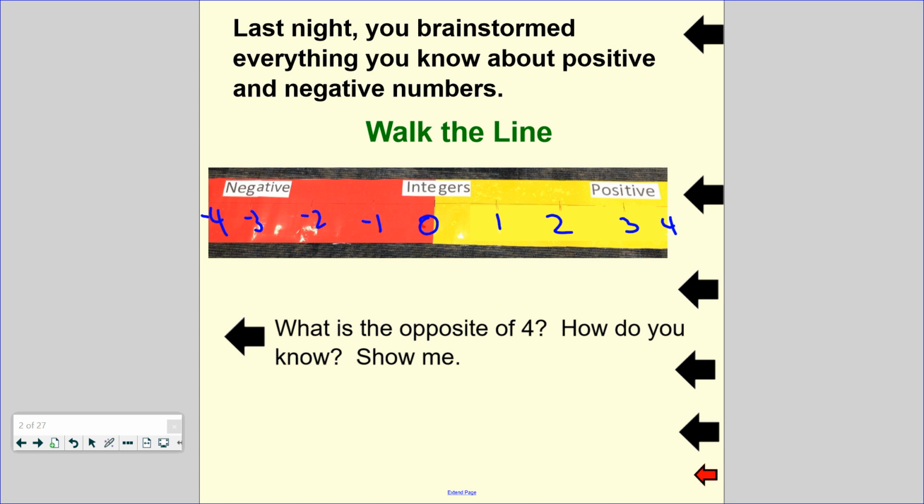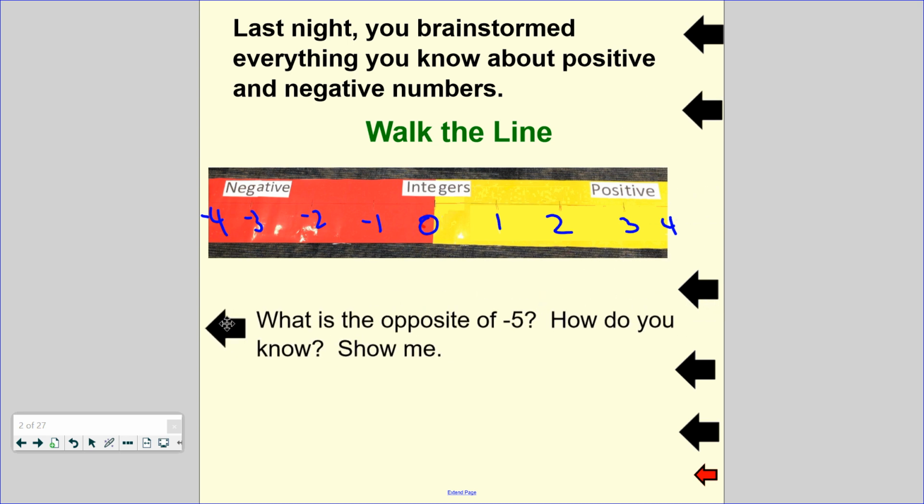That's one way. Well, let's think. 4 is 4 units from 0, and -4 is also 4 units from 0. This is 4 spaces from 0. What number on the negative side is also 4 spaces or 4 units from 0? -4.